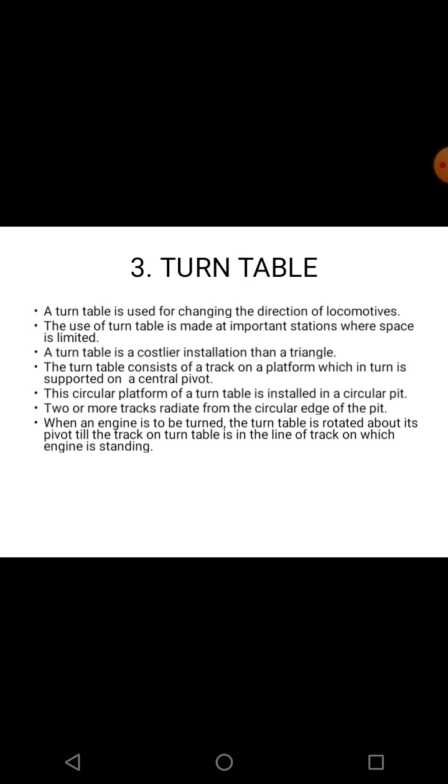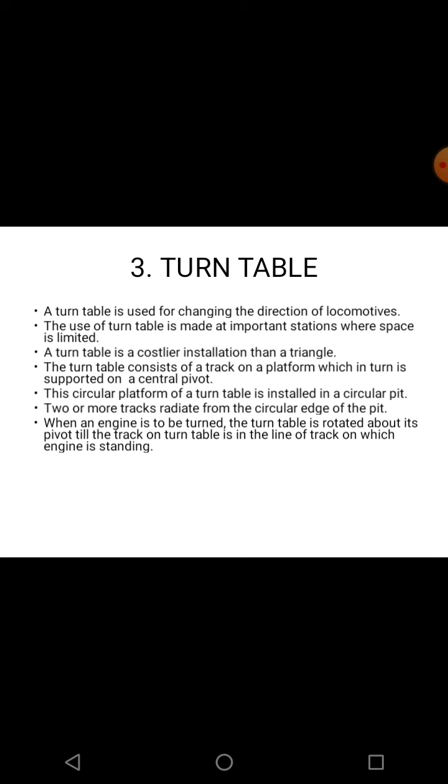When you have to change the direction, first of all the turntable is rotated about its pivot till the track on the turntable is in line with the track on which the engine is standing. Means you will bring the position of the track in the direction of your engine.